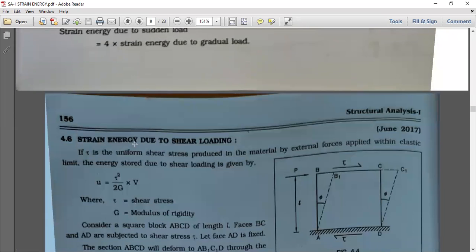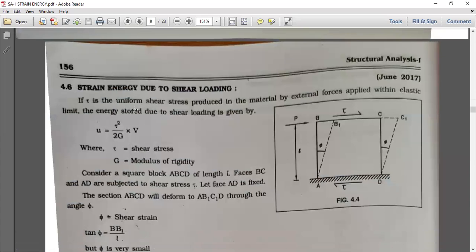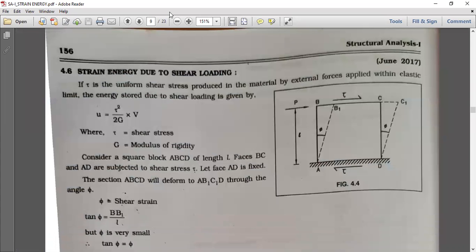Now, the next theory is strain energy due to shear load, which will be covered in our next lecture.